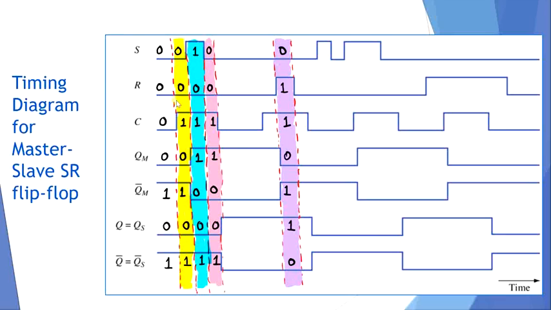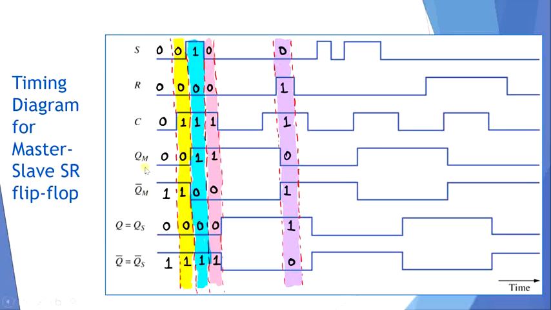So let me compare this timing diagram with the function table. You have the combination 0 0, and the clock pulse you apply is 0, and the output is equal to 0 1, and the same thing will be reflected at the output of the slave.